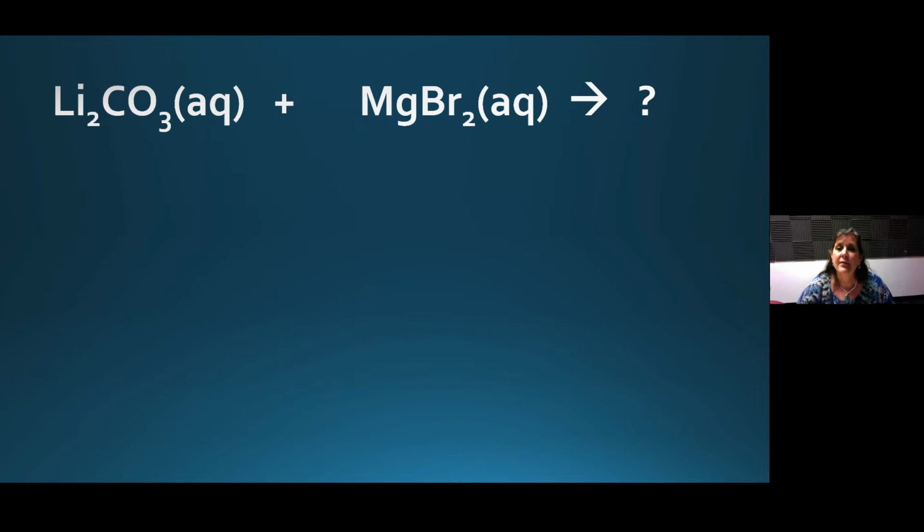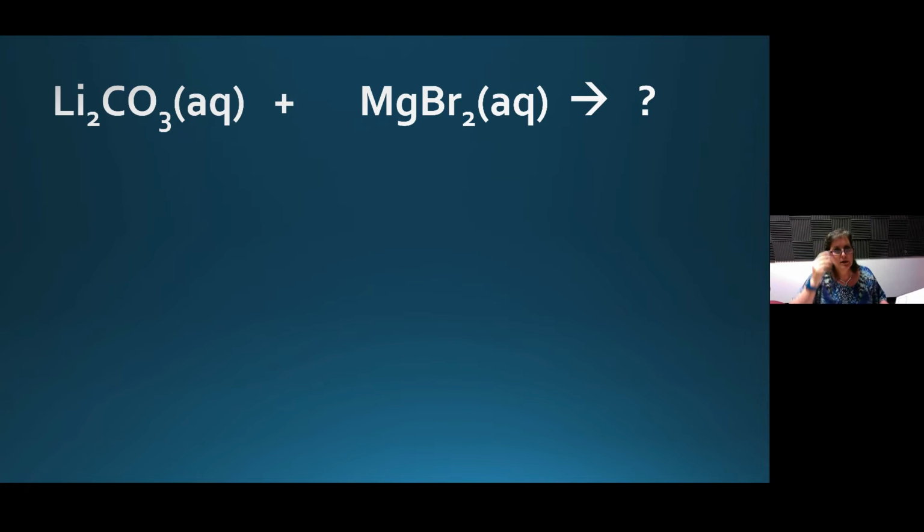Now we need to look at the solubility rules. So LiBr, we're looking for Li or Br, whichever we come to first. Rule number 1 is Li, soluble. So that gets an AQ. So far we didn't make a solid yet. What about MgCO3?